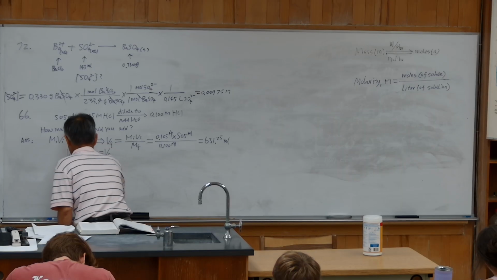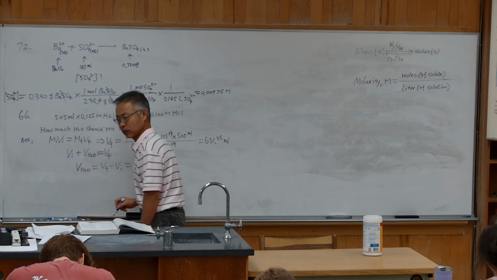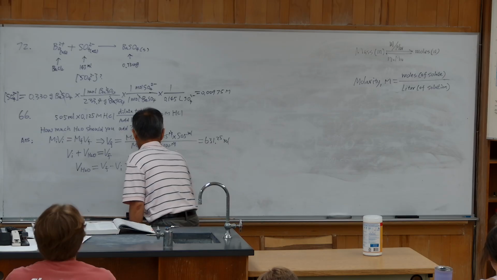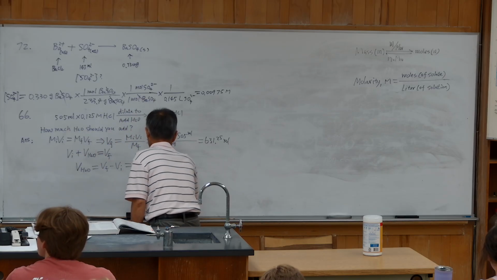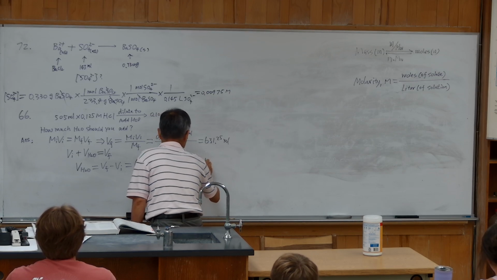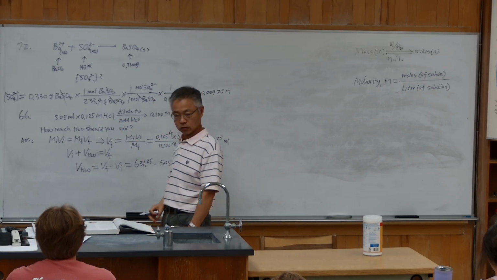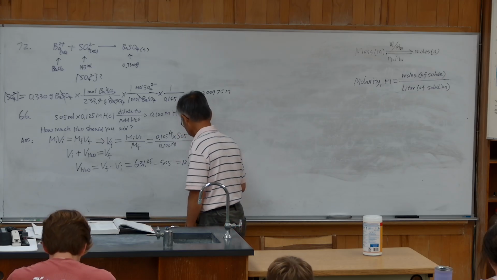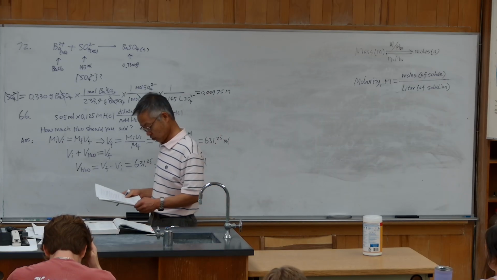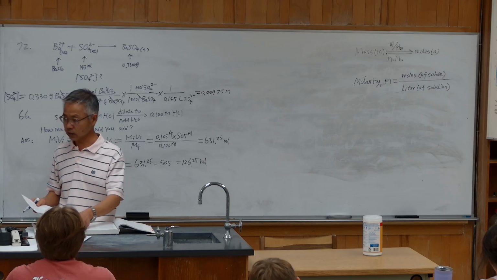So your volume of water should be Vf minus Vi, the difference. 631.25 minus 505 is 126.25 milliliters. So 505 milliliters of initial solution plus 126.25 of water gives the final volume 631.25. You need the second step.